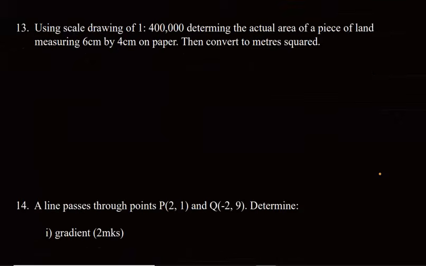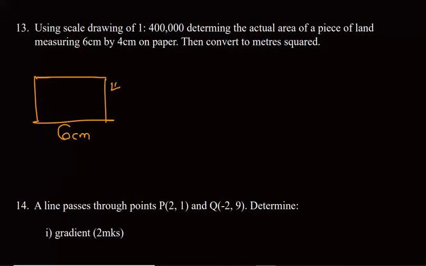Next question. Use scale drawing of 1:400,000. Then you determine the area of a piece of land measuring 6 by 4 centimeter on paper. So it is here. The land measures 6 centimeter by 4 centimeter. And we are using scale drawing of 1:400,000.